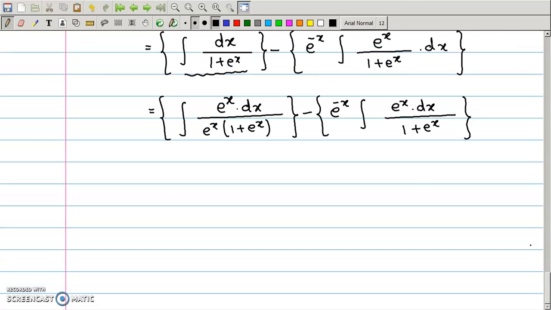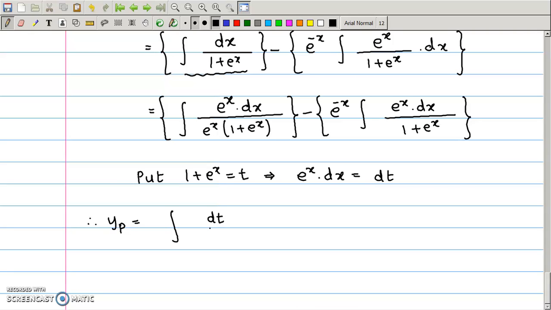Now, we simplify this integral by using the substitution. So here we put 1 plus e raised to x is equal to t. This implies the value of e raised to x into dx is equal to dt. Therefore, the required particular integral reduces to integration.